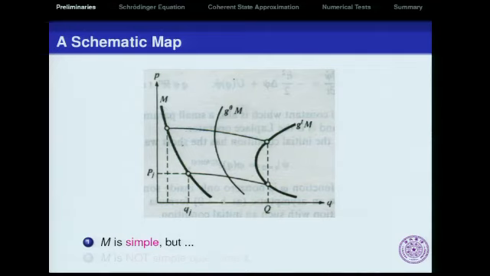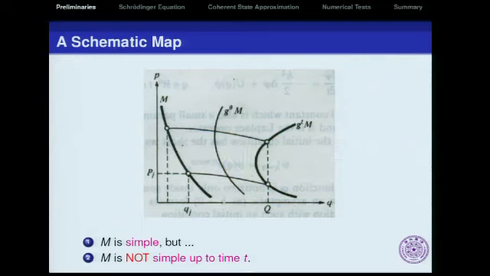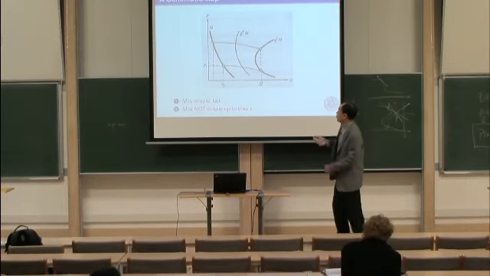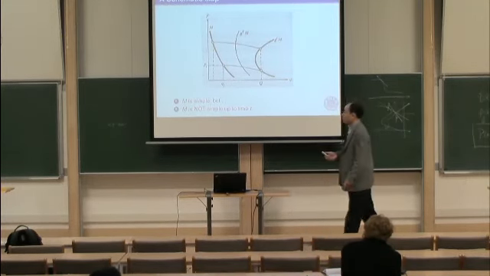You can see here, if you put any point in the tangent direction, it's single-valued. But M is not simple up to time t, because here, if you put the phase point here and project this displaced Lagrangian manifold onto this line, it's multi-valued, so it's not simple up to time t.